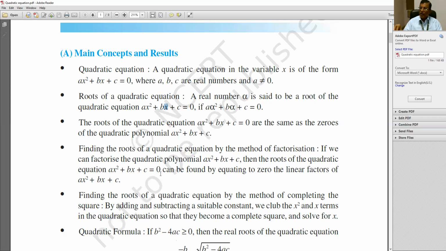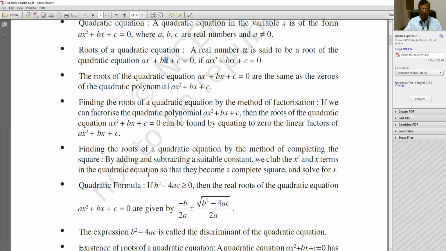So these are the factors you are finding here. They are basically linear, meaning they contain the maximum power 1 of the variable in the factor. So if you equate that to 0, then you can find the result as you are supposed to get.